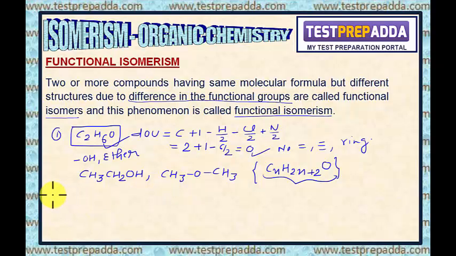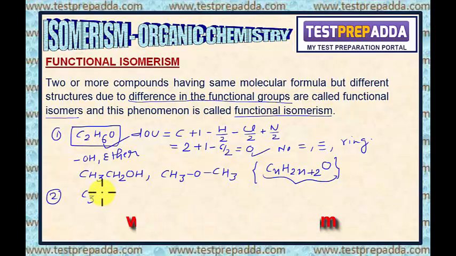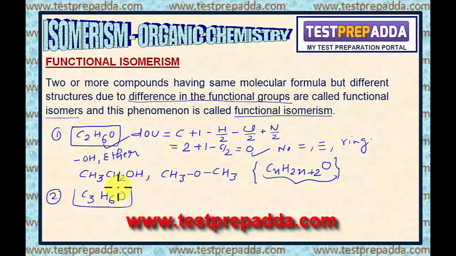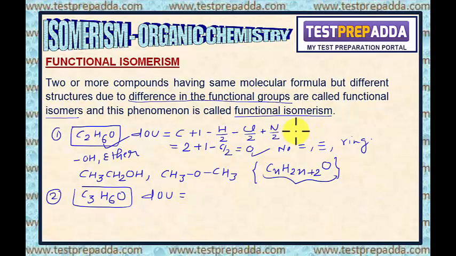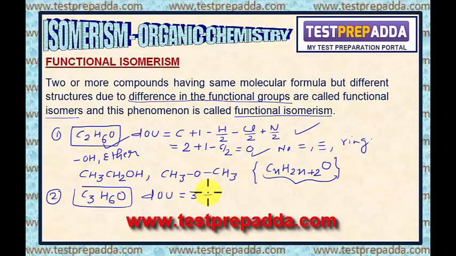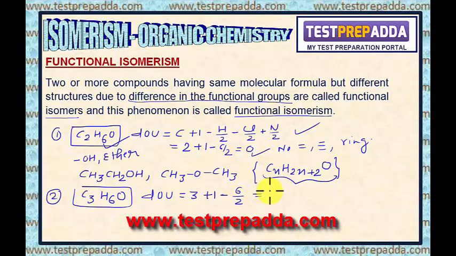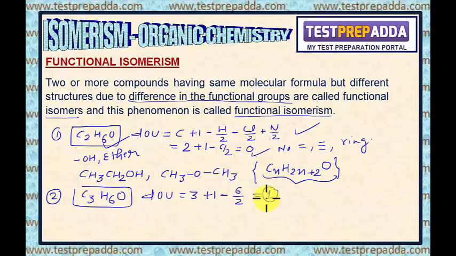Now I'll take another case. Consider the molecular composition C3H6O. First of all, we will find the degree of unsaturation. The formula is here only. So the number of carbon atoms is 3 plus 1 minus number of hydrogen atoms 6 by 2, and it comes as 1. 1 degree of unsaturation.